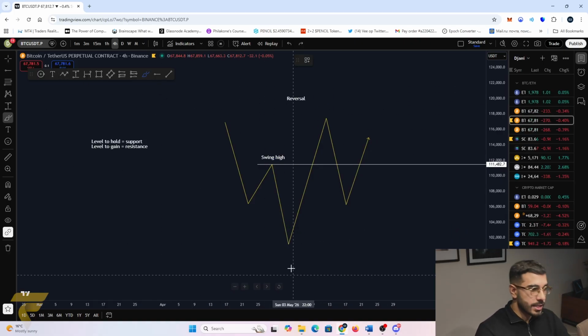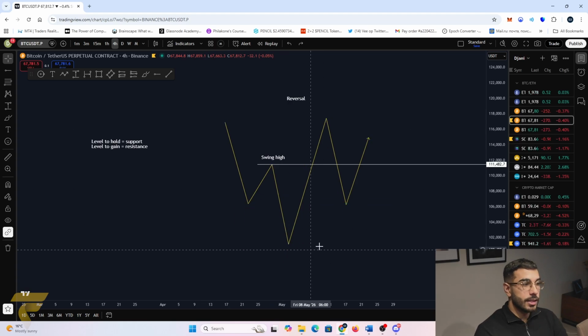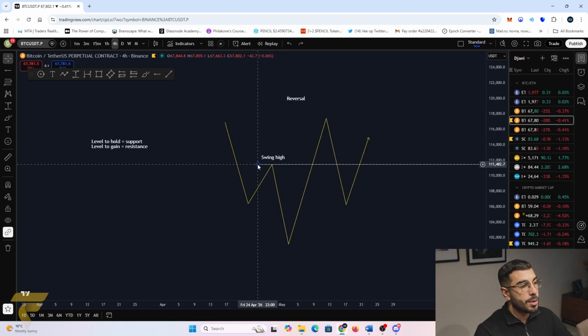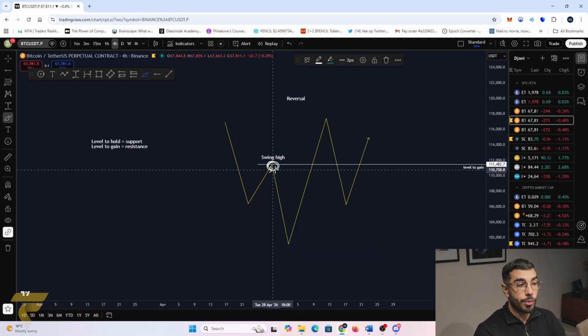Whenever this has been created, we obviously need to get above the swing high. And the swing high is very similar to the level to gain, because previously we found some form of rejection that resulted in a lower low.